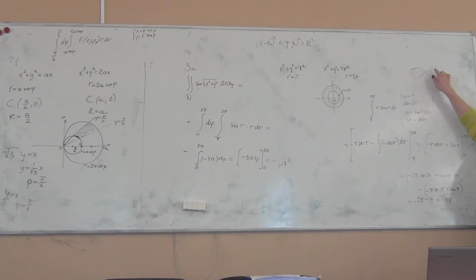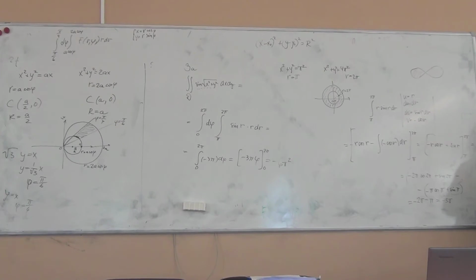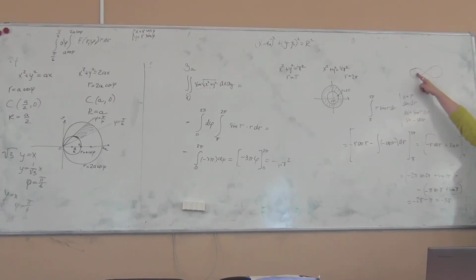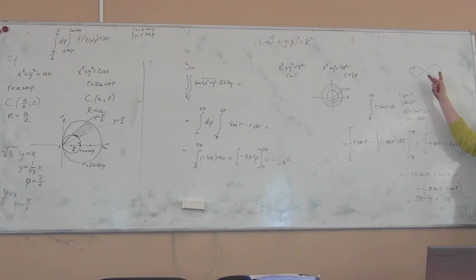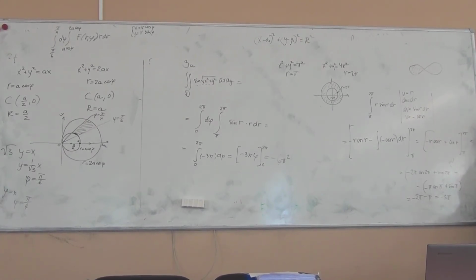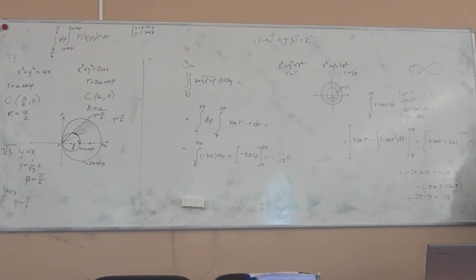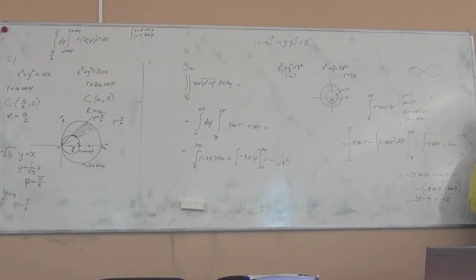The regions themselves are symmetrical and identical, the areas are the same. But if we integrate a function which is not the same in both parts, then the integrals of these two parts will not be the same. If you see that the function is symmetrical, in other words, if you change the signs of x and y and still get the same value, then you can say those integrals are identical.